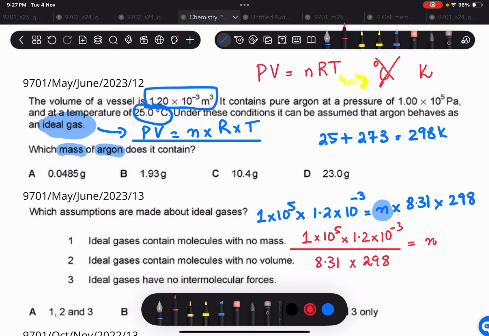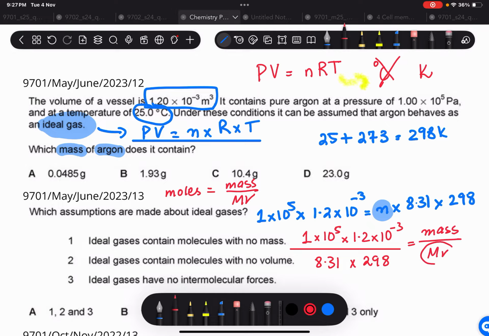And you guys know one thing, that moles can be replaced by mass over Mr, because moles always equals your mass upon your Mr. So instead of moles, I'm going to write mass upon Mr.